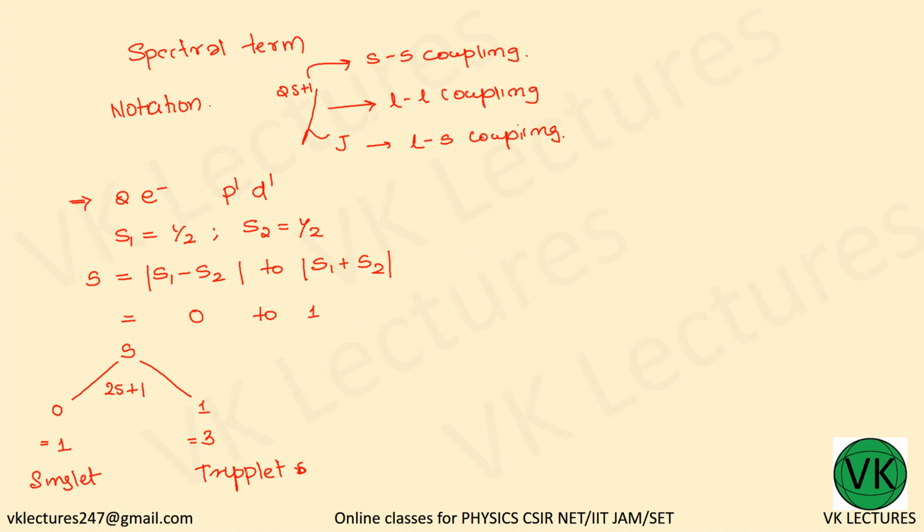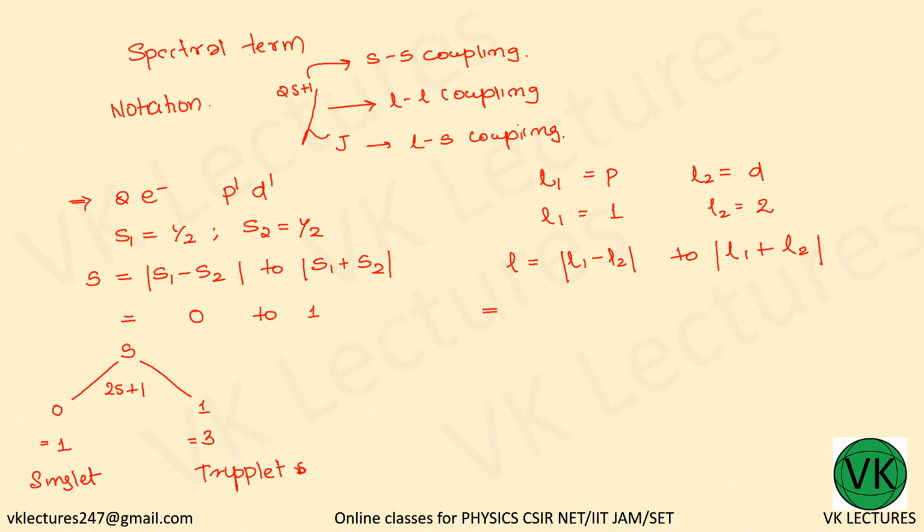Now coming to the LL coupling, one of the electrons is in P state, so L1 equal to P, and L2 equal to D. L1 equal to P means the value is 1, L2 equal to D means the value is 2. So the L value ranges from the magnitude of L1 minus L2 to L1 plus L2.